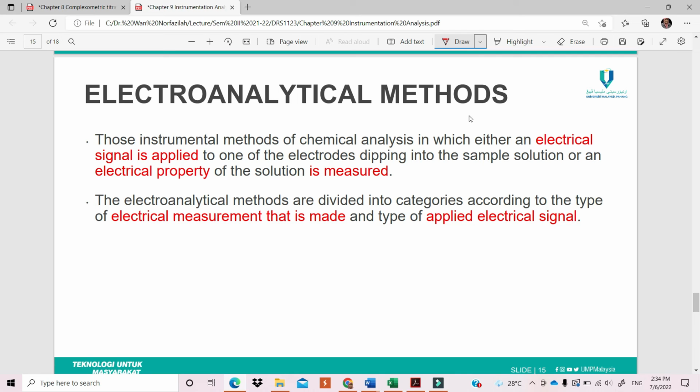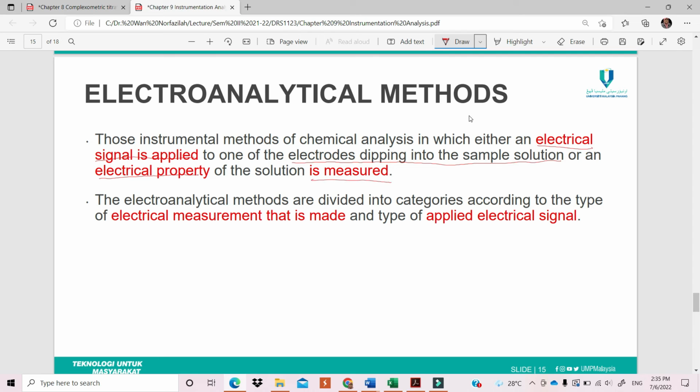The second type of instrumental method of chemical analysis is electroanalytical methods. As we already went through just now, electroanalytical methods are those instrumental methods of chemical analysis in which either an electrical signal is applied to one of the electrodes dipping into the sample solution, or an electrical property of the solution is measured.